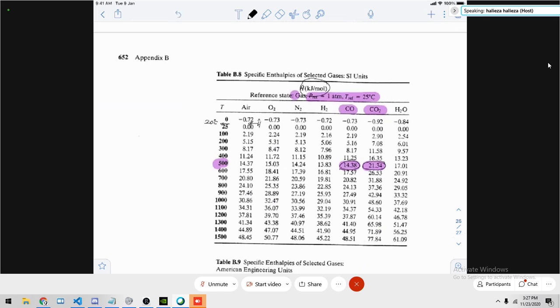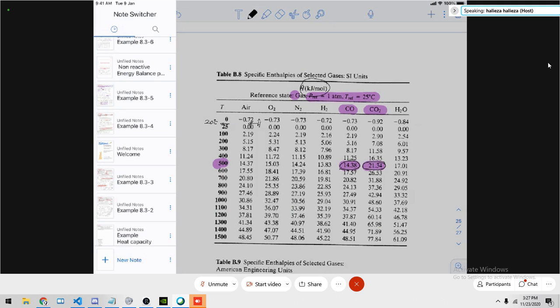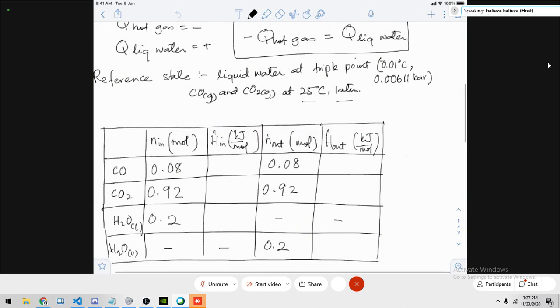Take note of these values because I might be flipping back and forth. 14.38 is for carbon monoxide. And what is the value for carbon dioxide? 21.34. Thank you, Sulaiman.